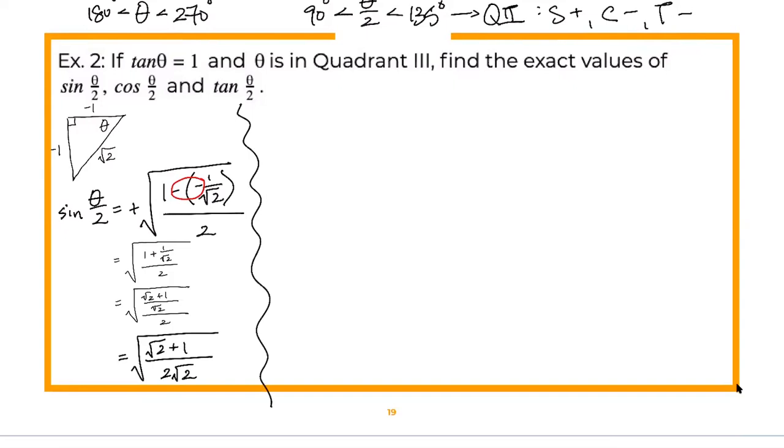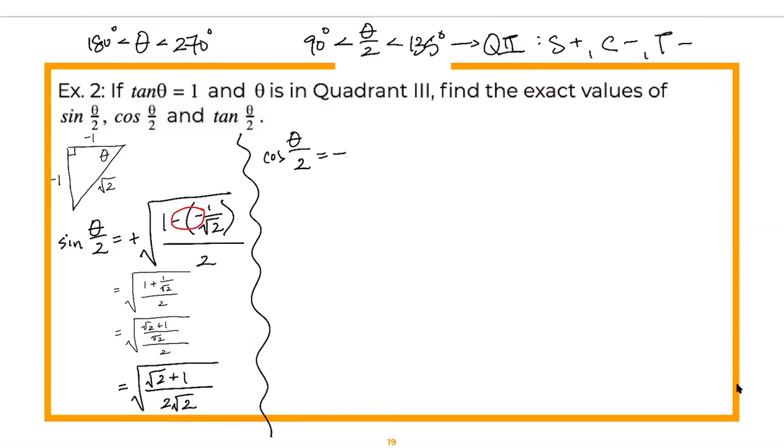All right, let's find our cosine. Before I even write the formula, I'm going to put a minus sign in front of that whole thing, because I want to remind myself at the end, I need a negative for the cosine. And this time I have 1 plus a negative 1 over root 2.